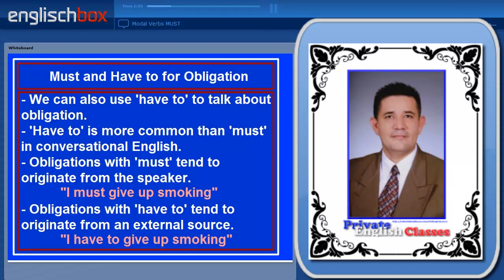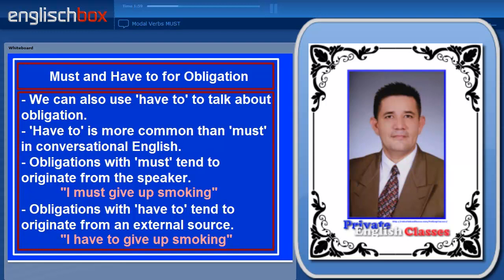So let's move on and look at must and have to. What is have to? Well, we can use have to for obligation as well, and they are fairly interchangeable, but there are some minor differences. For example, we tend to use have to more often in conversation than must.